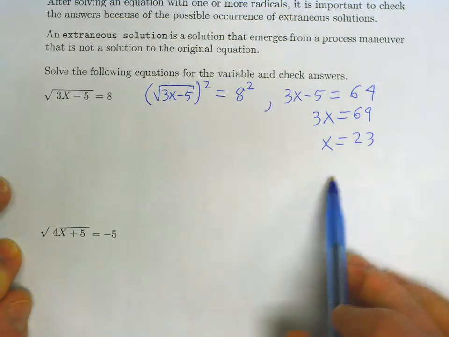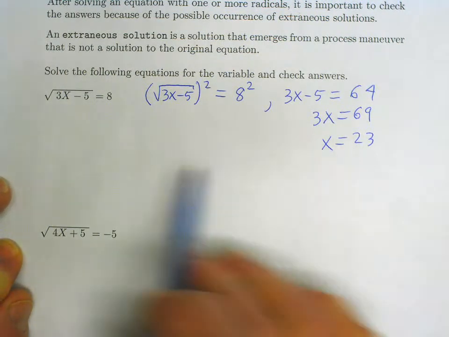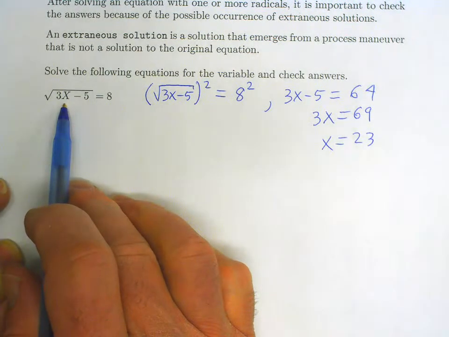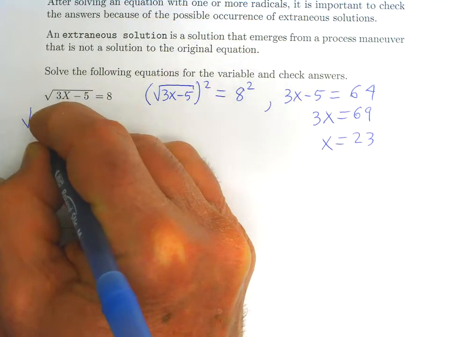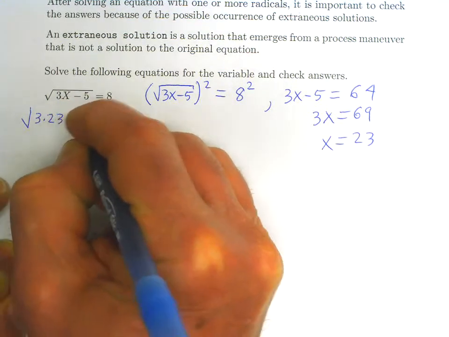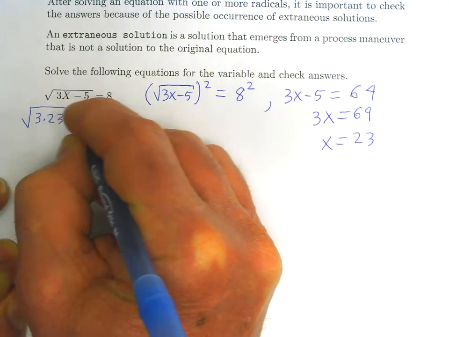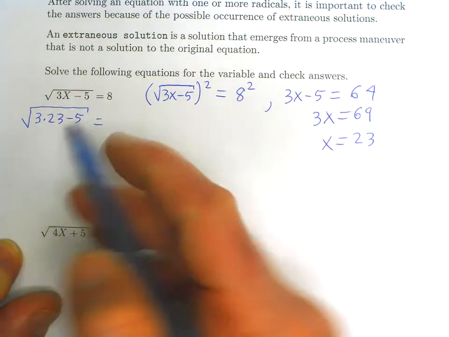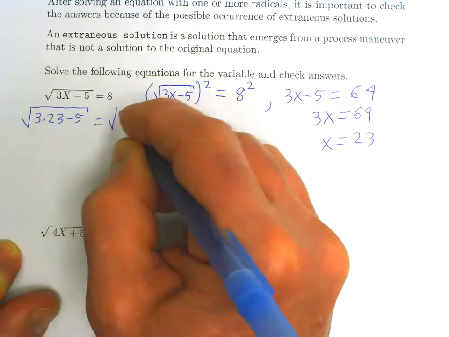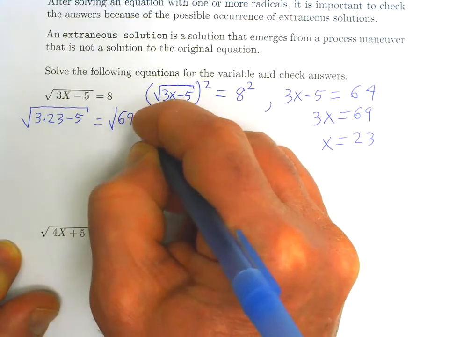Okay, so we'll check the solution. Replace x with 23. We have the square root of 3 times 23 minus 5. And inside the square root, 3 times 23 is 69. So we have the square root of 69 minus 5.